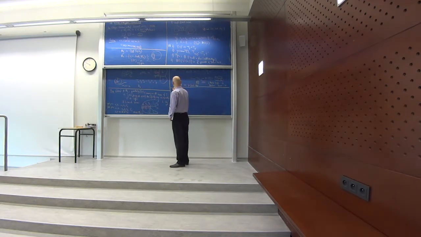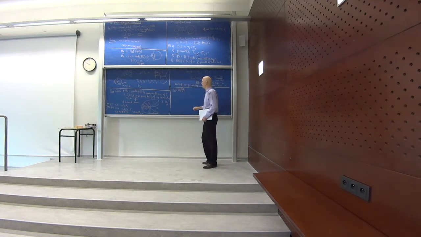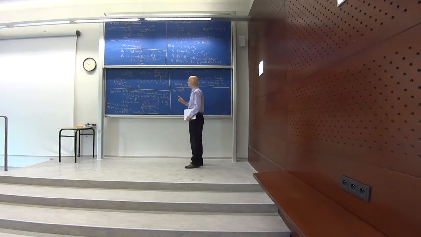Now there is a theorem due to Wajnryb, about 98 or something like that, in topology, saying that you can generate the mapping class group by two elements.